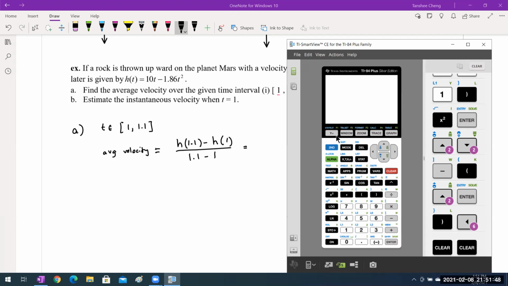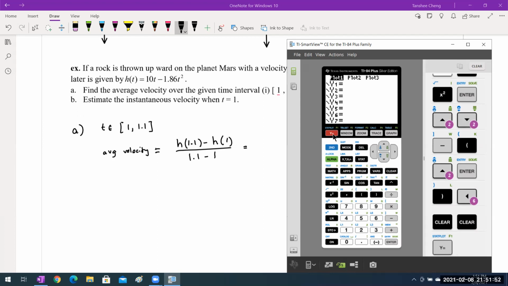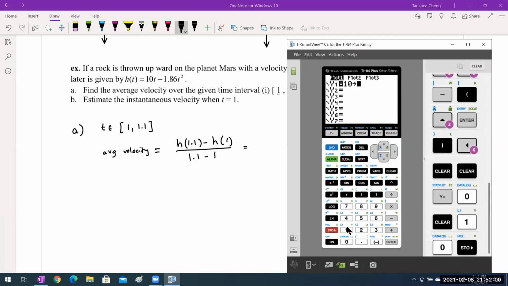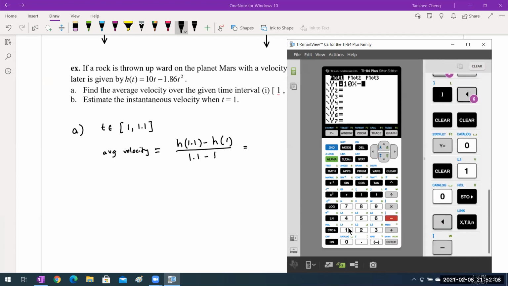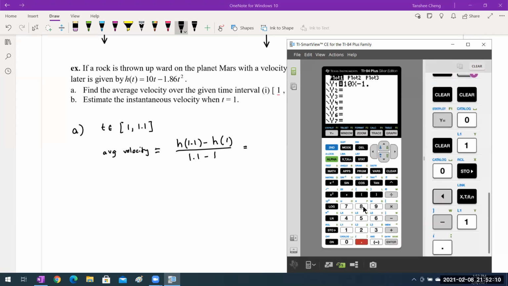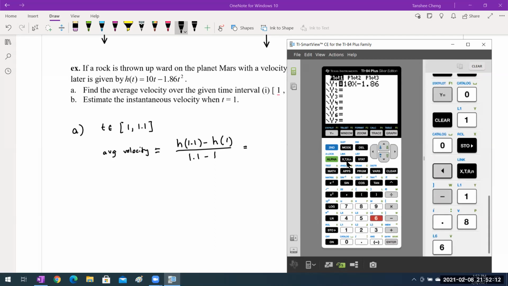If you have a TI calculator, it is even better. You can press y equals and type in the function, 10x minus 1.86 x squared.